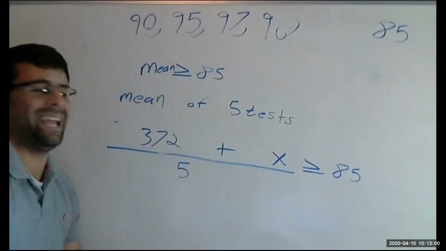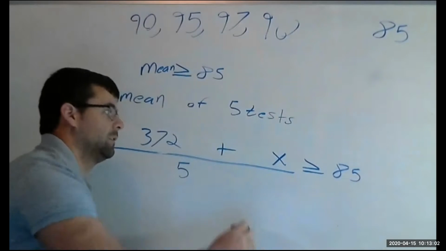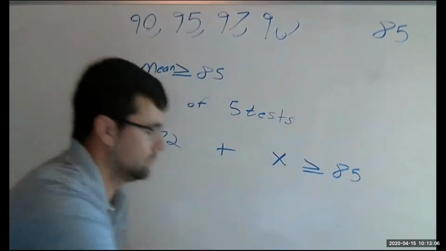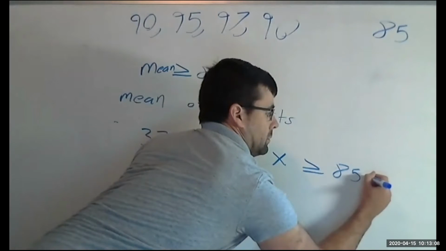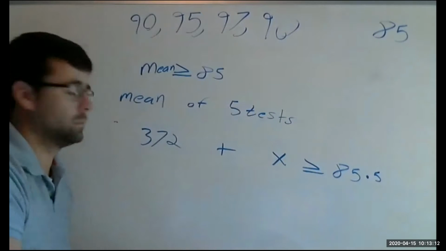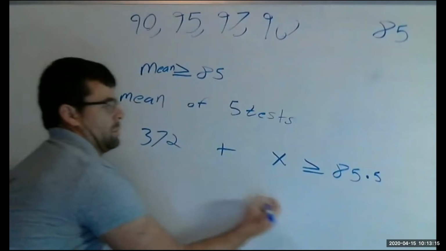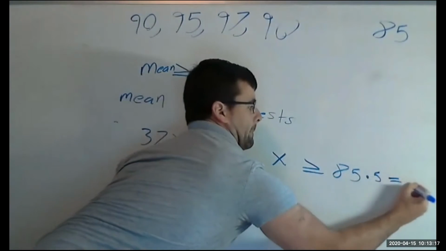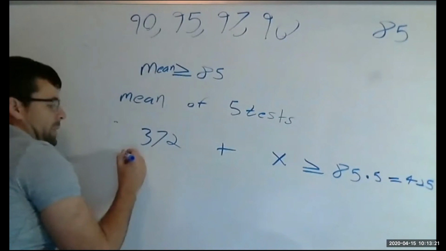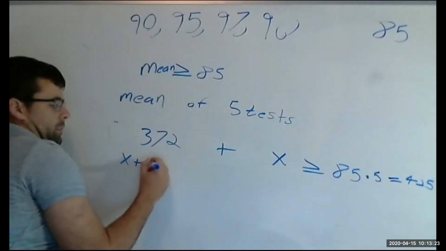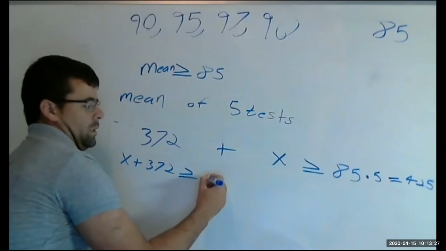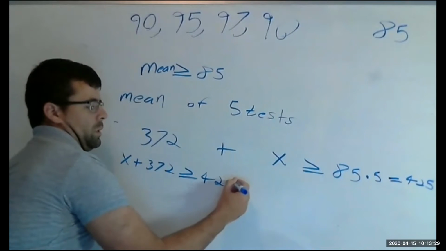So what is 85 times 5? 425. Okay, so now we have x plus 372 greater than or equal to 425.